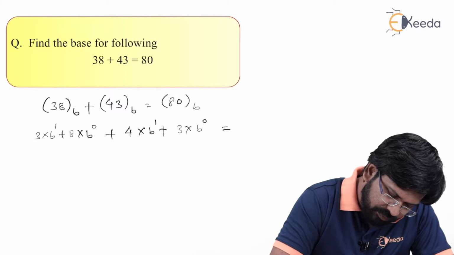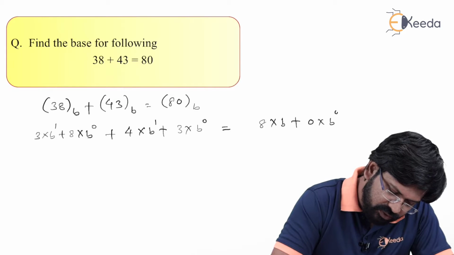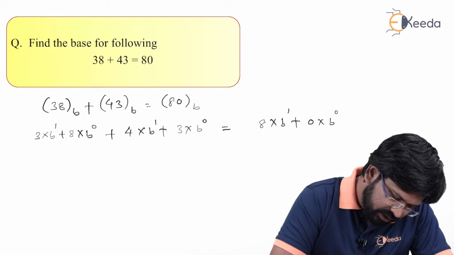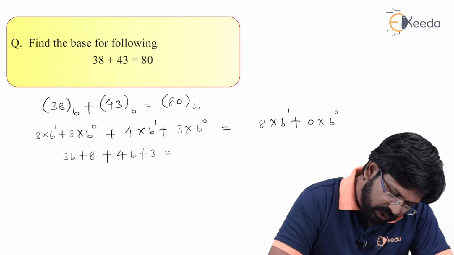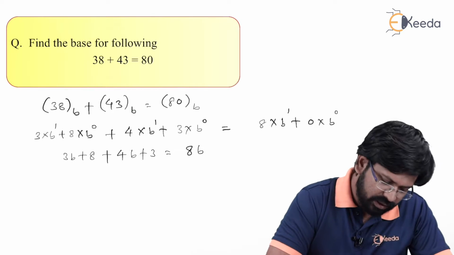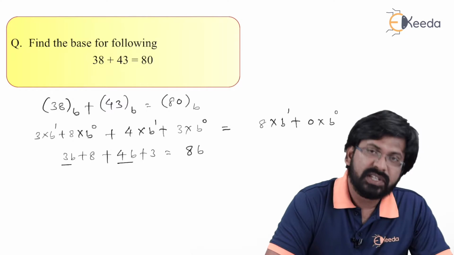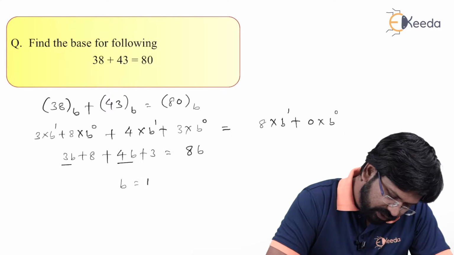This will be equal to 8 into b plus 0 into b, and of course power would be 0 and 1. Now if you solve this, this would be 3b plus 8 plus 4b plus 3, and this will be equal to 8b. So 3b plus 4b becomes 7b, and if you shift this 7b to right hand side, it would be b equal to 11.